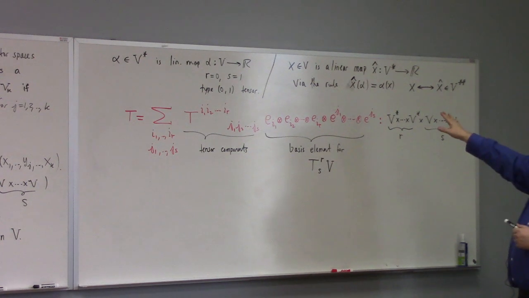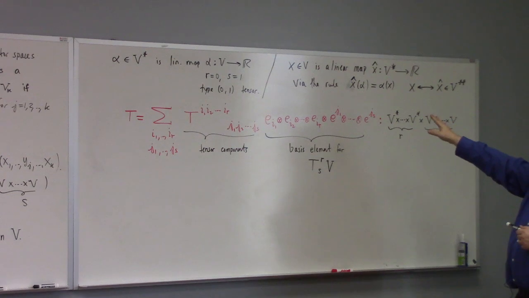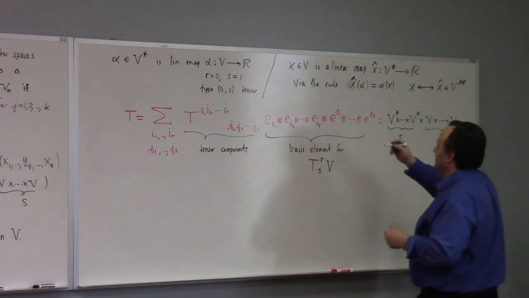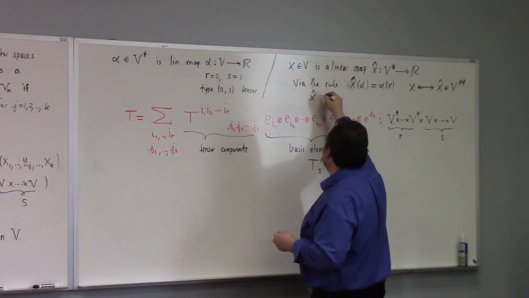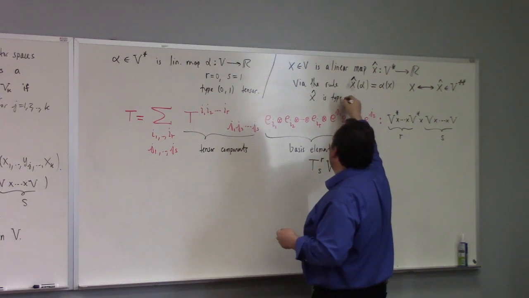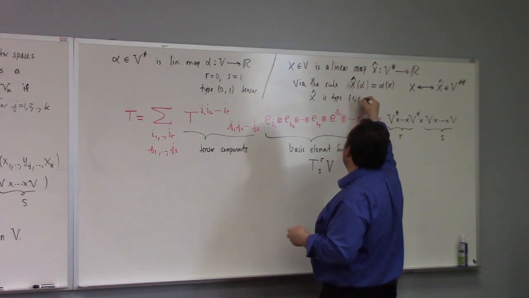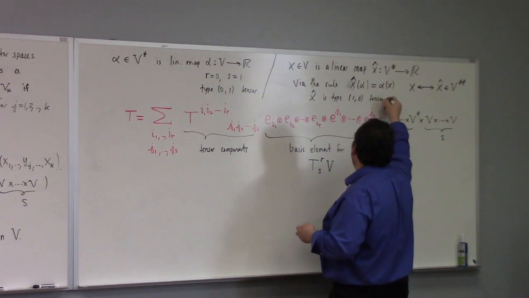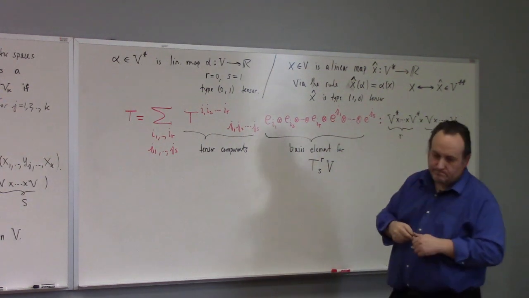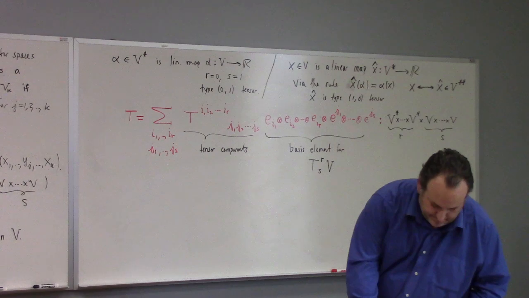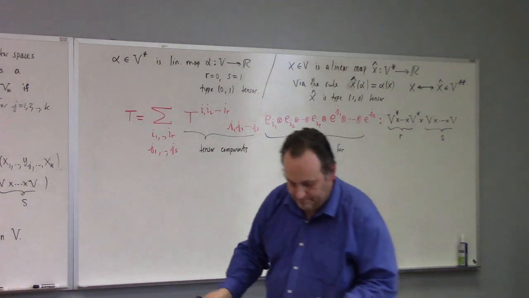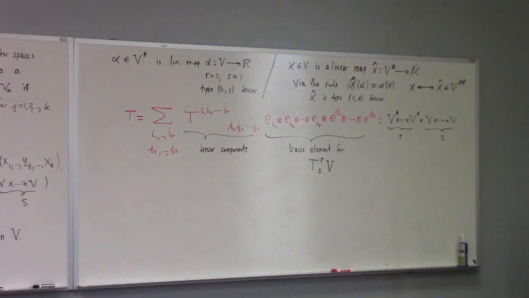But with that adjustment, the vector is a what? It's a type what? So like x hat is a type 1, 0 tensor. All right. Yeah. If you consider that x hat on x, it wouldn't be a type 0, 1 here because you're using v dual. Oh, what did you ask me? Would it be a what?